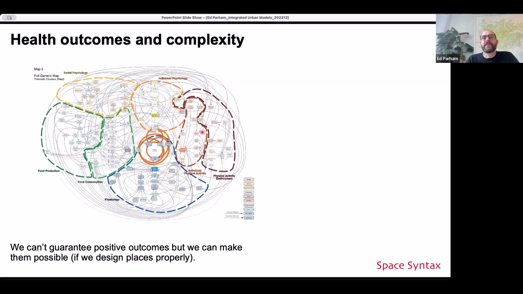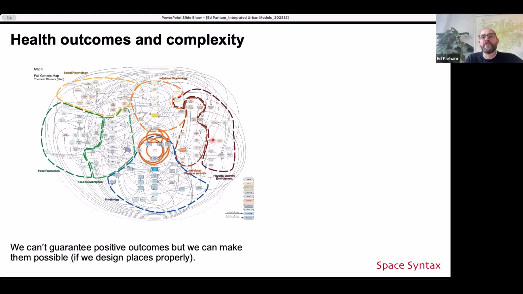So that's the environment, that's the stuff that we can actually control. So we might make this perfect, but somebody still might decide that they're going to eat really unhealthy food, or they still might not do any exercise. You can do all of this bit. This is the bit of the diagram that we're responsible for. If we get our bit completely right, you can't guarantee a positive outcome. You can make it possible.